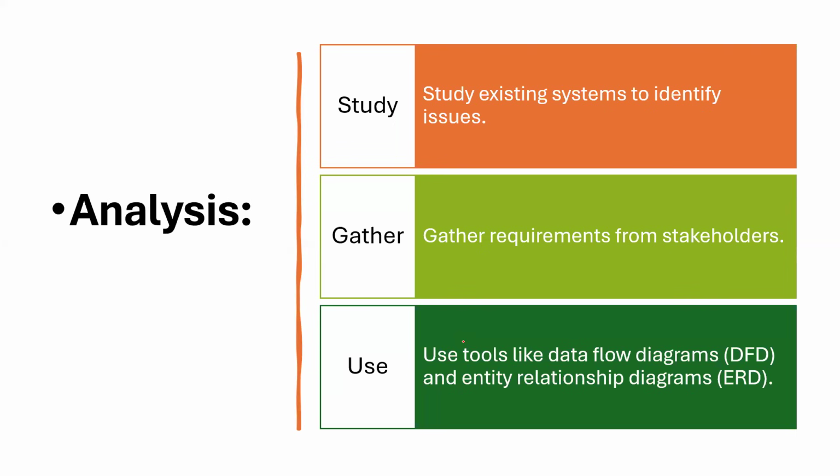Stakeholders are people or devices or elements that play a key role in helping you manipulate data. So you gather requirements and information. Then you have the last one. It says use tools like flow diagrams, data flow diagrams, or entity relationship diagrams to model the relationships. Okay, that is the analysis stage.